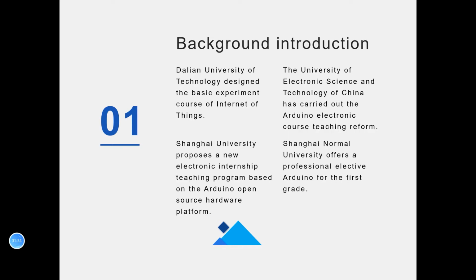Based on the Arduino platform, Dalian University of Technology designed the basic experimental course of the Internet of Things, which enables students to quickly understand the hierarchical structure of the Internet of Things and cultivate their development and innovation abilities. Other colleges and universities also have corresponding reforms.